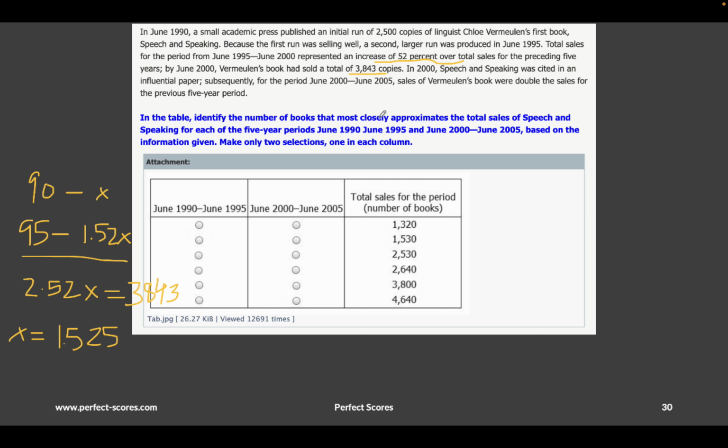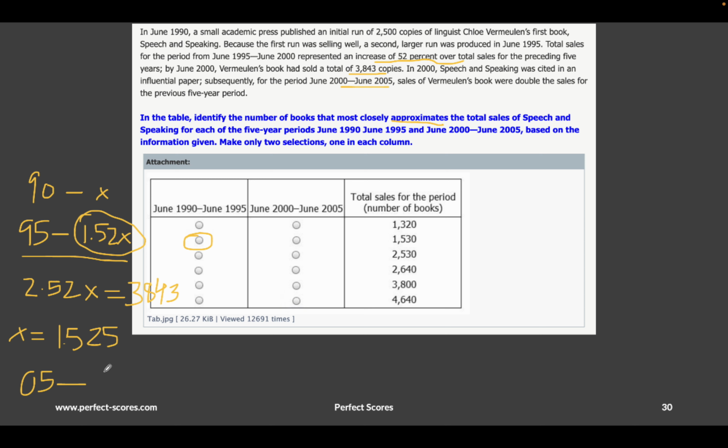And the question is asking us to approximate. So that means the answer here is this. And then the question says that in the next period, the book sales were doubled from the previous period. So till the period '05, if 1.52x was published this year, then for the next 5 years, it will be double of that.